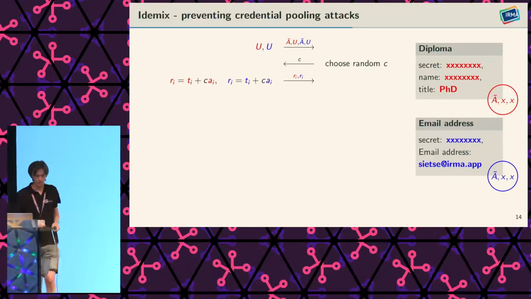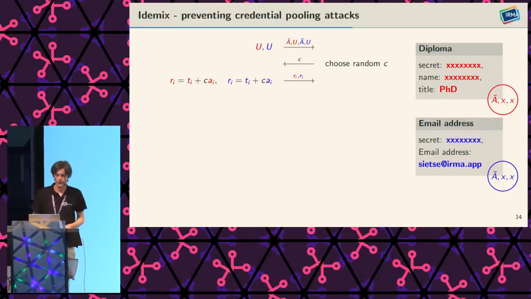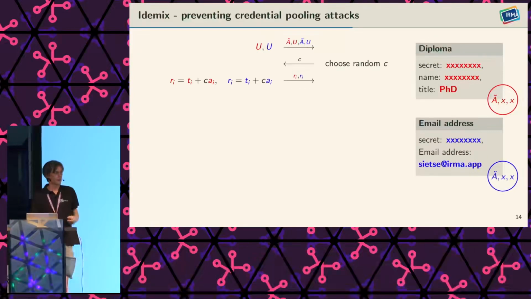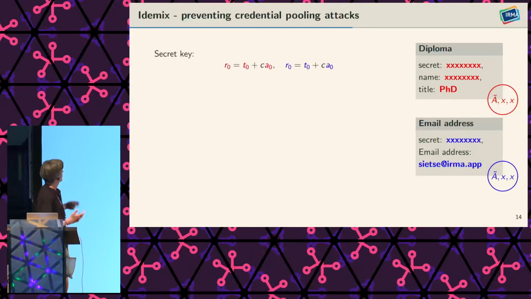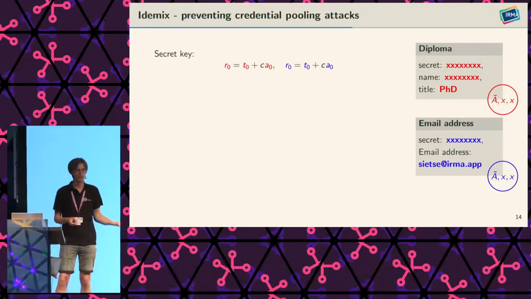So how do we do it? In particular, these responses here are what we're going to use. And for the secret that we've already seen, which was labeled by 0, that's this. So these would be the responses for the two secrets of the credentials out of which I disclose attributes.